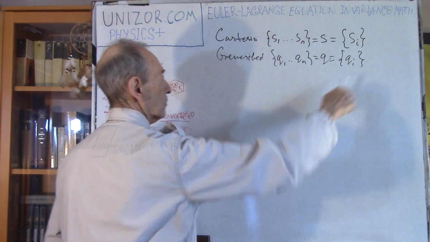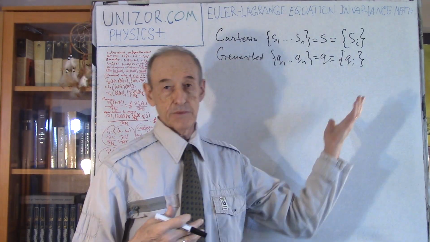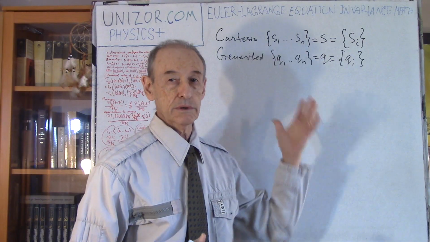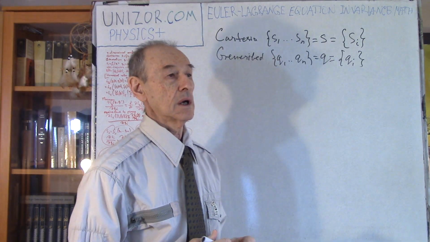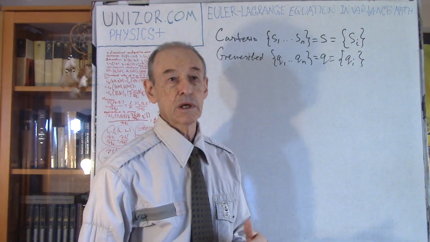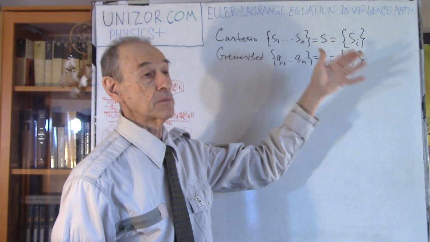Obviously, if we are talking about a moving system, they are functions of time, because at any moment of time they define the position of the system. And the velocity is the derivative of these functions by time.